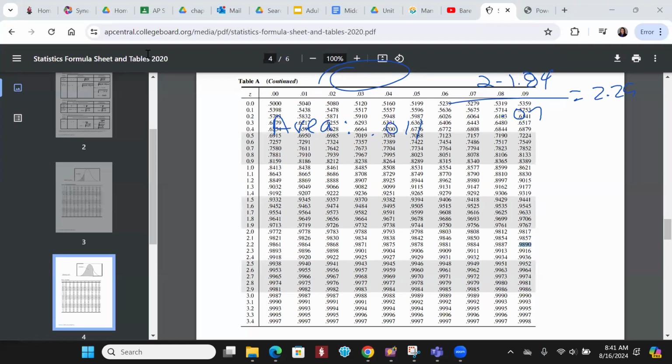So I got 0.9890. Since it says more than, I'm going to say 1 minus that. And that's going to give us 0.011.